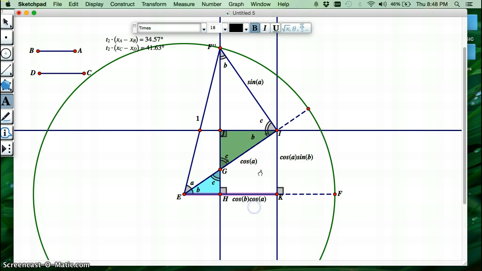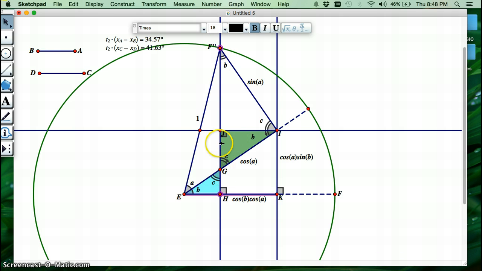All right. Like I said, we are trying to figure out the sine of alpha plus beta, which is the line from this point to this point. And we can think of that as being made of two different lines. The line from here to H, and then from there to F double prime.